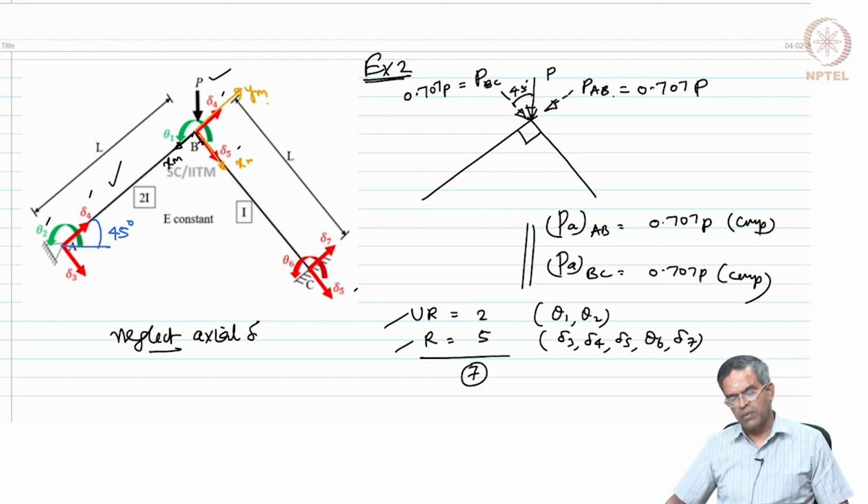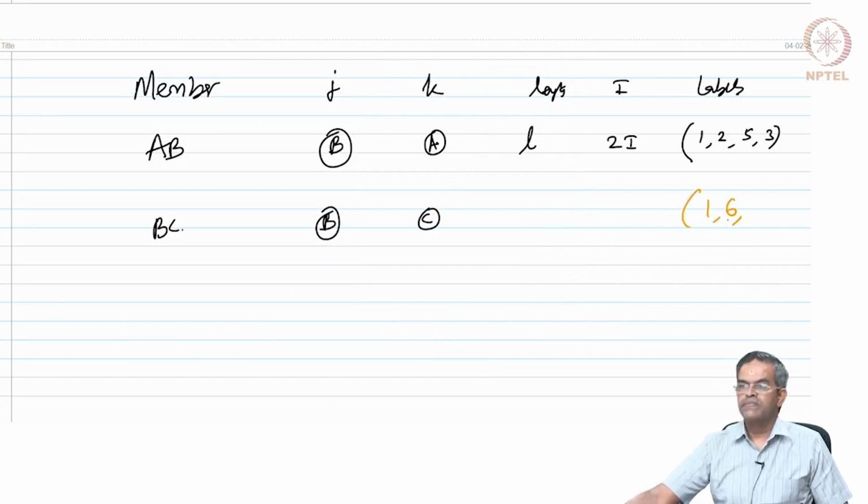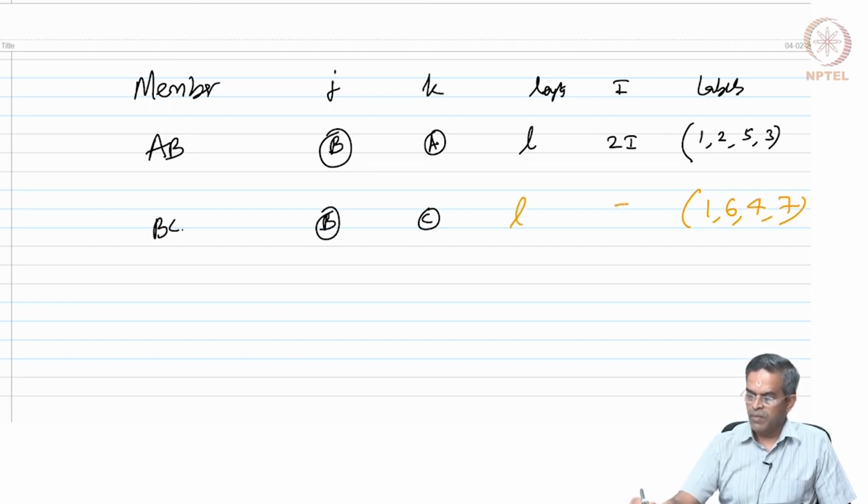The labels are going to be 1, 6, 4 and 7, isn't it? The length of the member is again L, but the moment of inertia is only I. So, I do not think there is any confusion for you people to write this table.